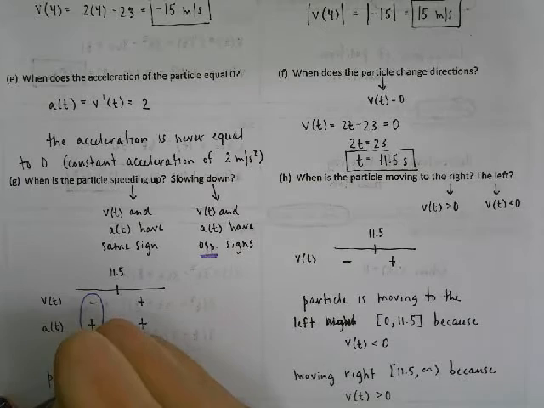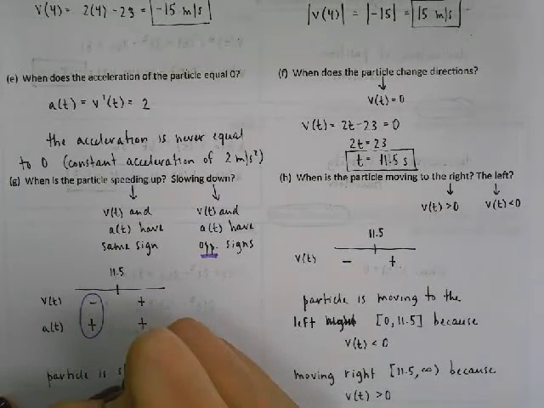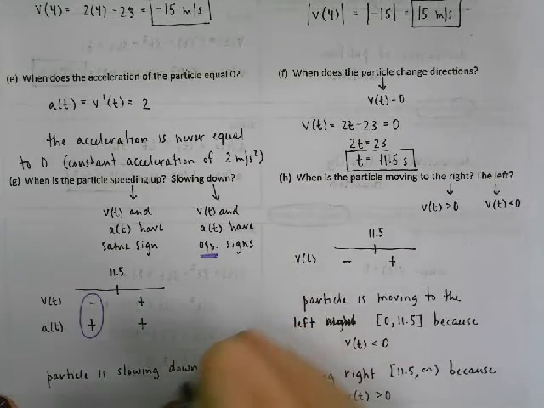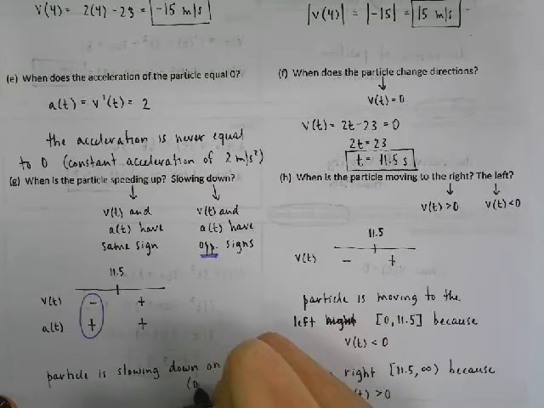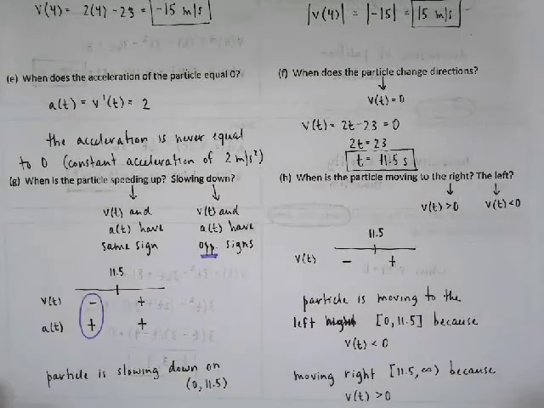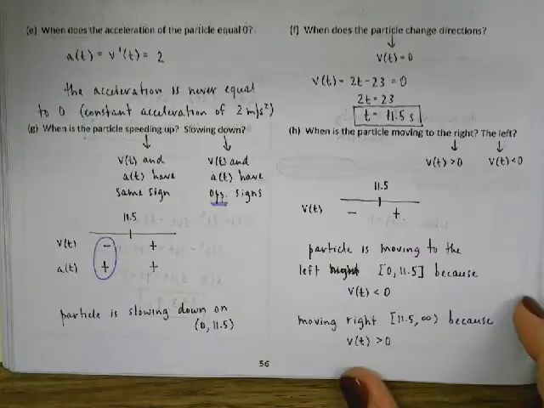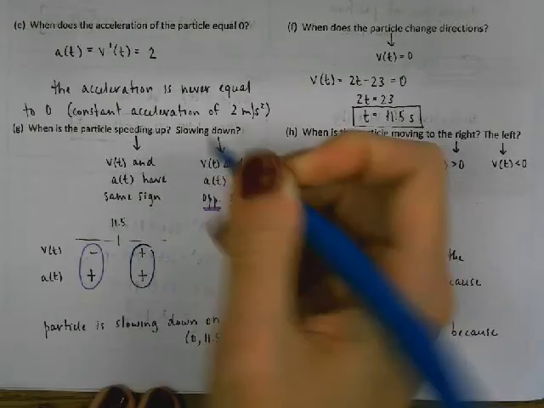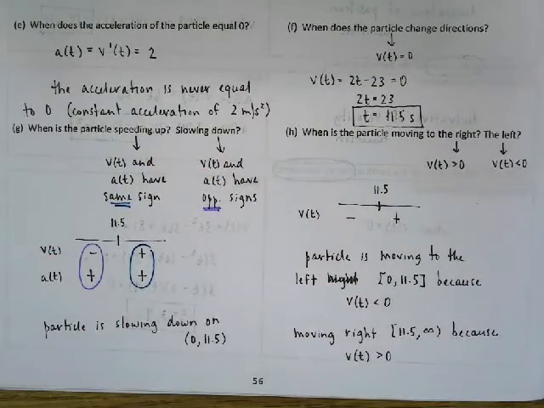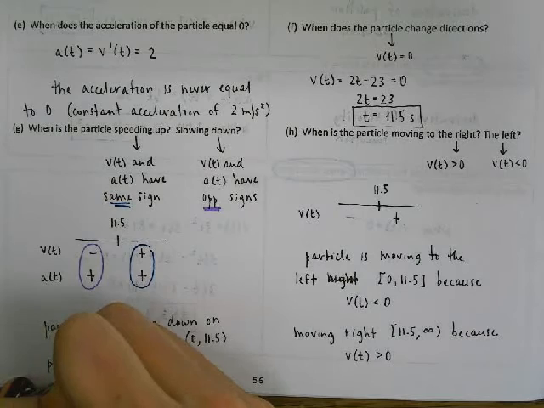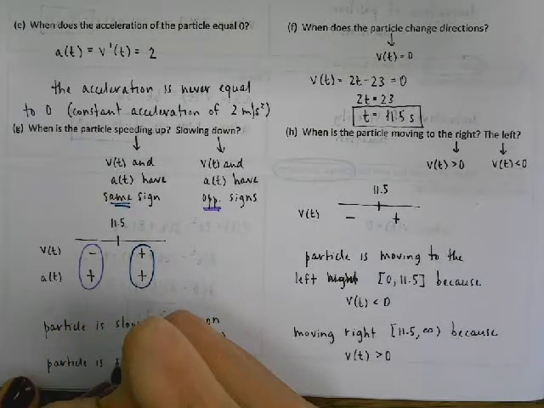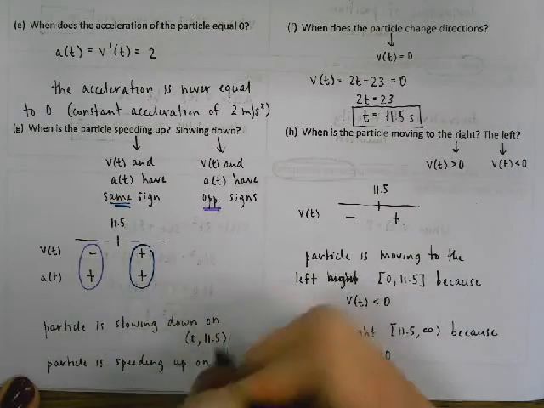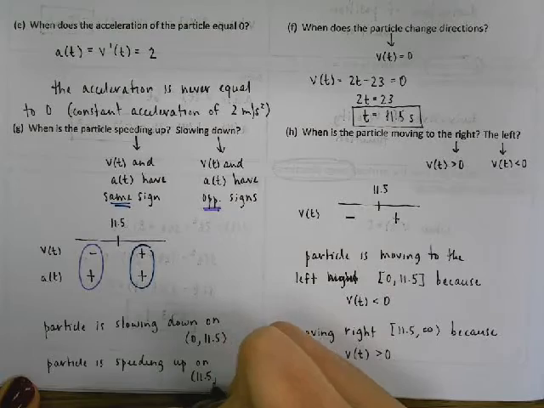So the particle is slowing down on the interval from 0 to 11.5. And because velocity and acceleration are both positive on this interval, they have the same sign. I know I'm speeding up for my time greater than 11.5.